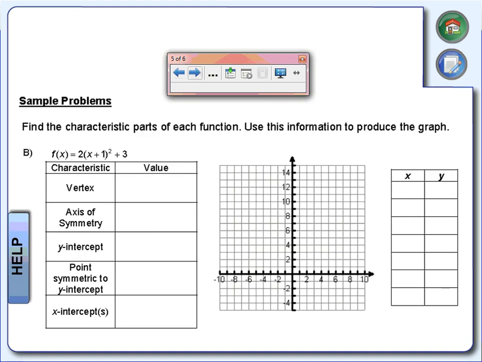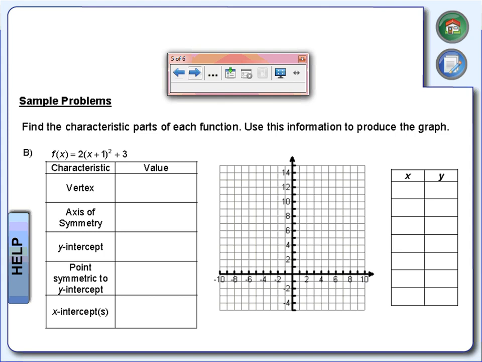So we're going to work on that one, and I want to make sure we have the examples on vertex form first. Everybody look at B. We're going to do exactly the same thing we just got through doing. The first thing we're going to do is find the vertex.